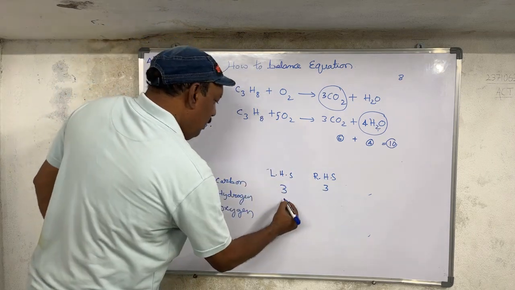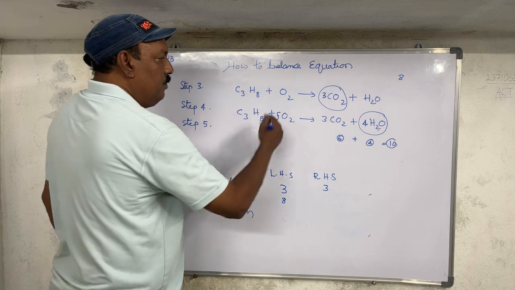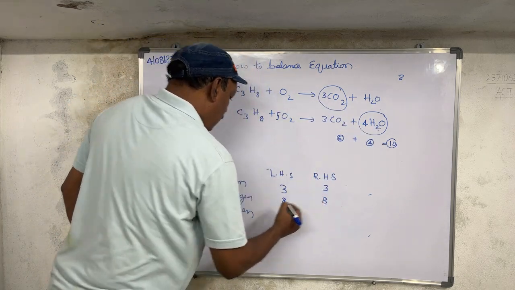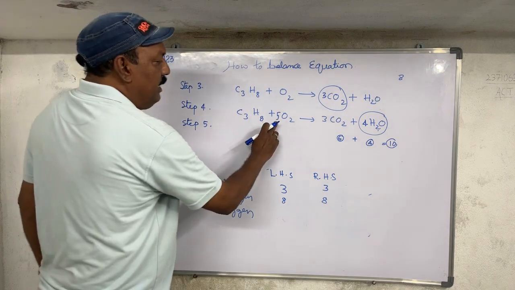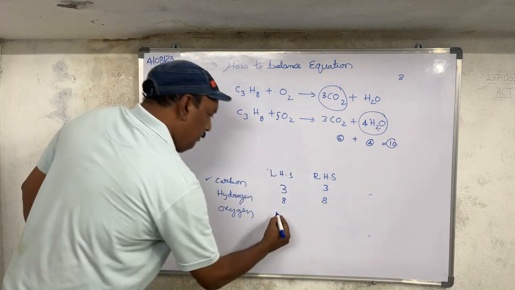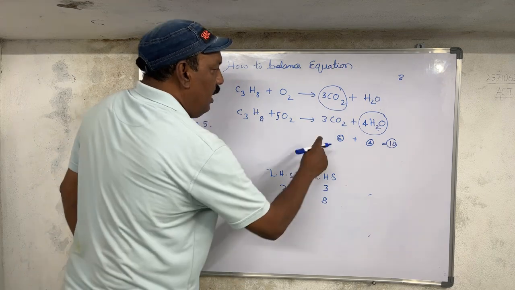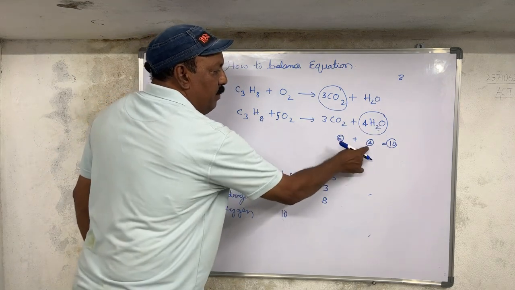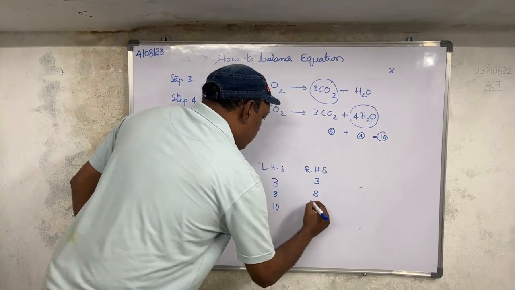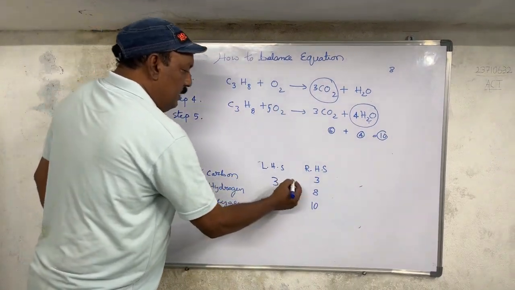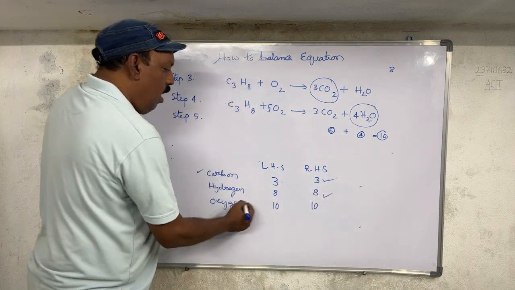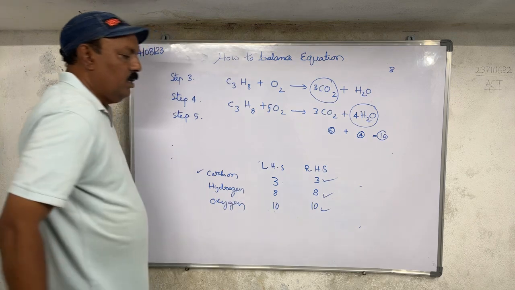Hydrogens left hand side 8. Right hand side 4 2s are 8. Oxygens left hand side 5 2s are 10. Here 3 2s are 6 and 4 oxygens. 6 plus 4, 10 oxygens. Here also 10 oxygens. Now carbons balanced, hydrogens balanced, oxygens balanced.